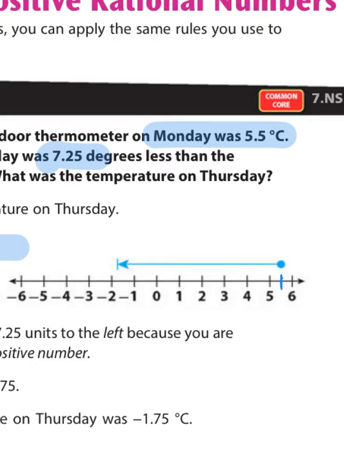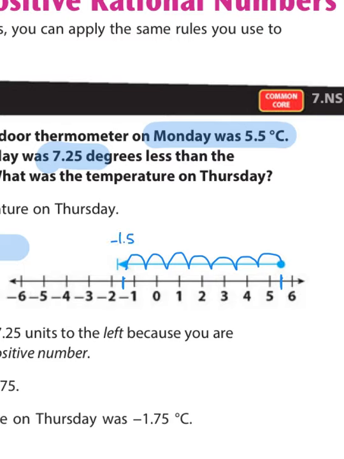I'm moving 7.25, so first I'm going to move 7 units to the left. So 1, 2, 3, 4, 5, 6, 7, which is about right here, at exactly negative 1.5. Now we just moved left 7. We still have to move left 0.25 more. So I'm already at negative 1.5.